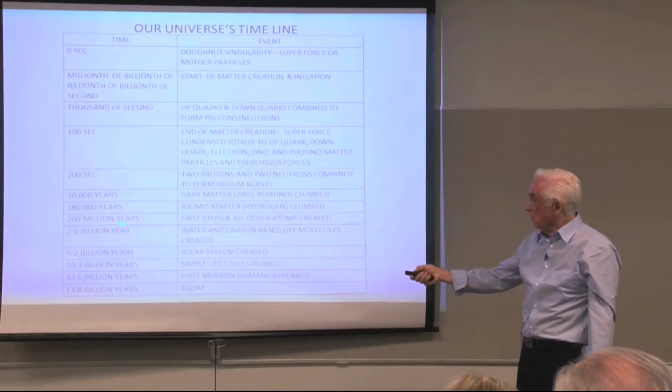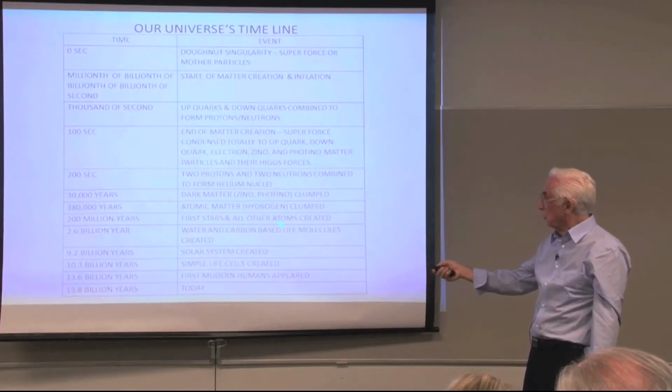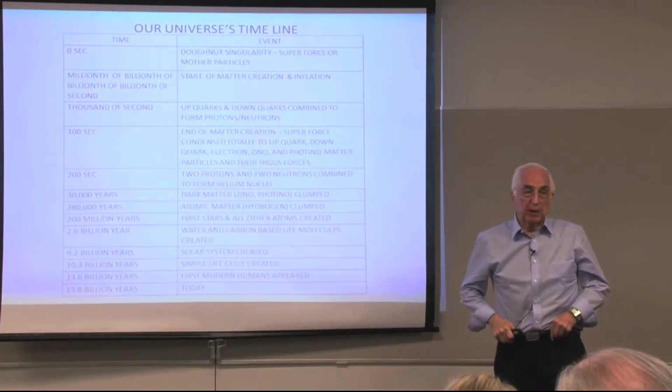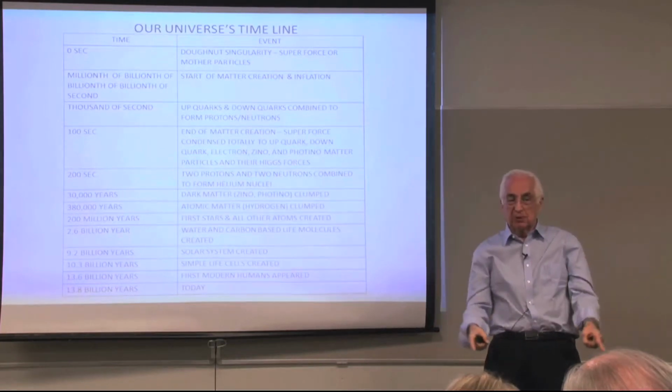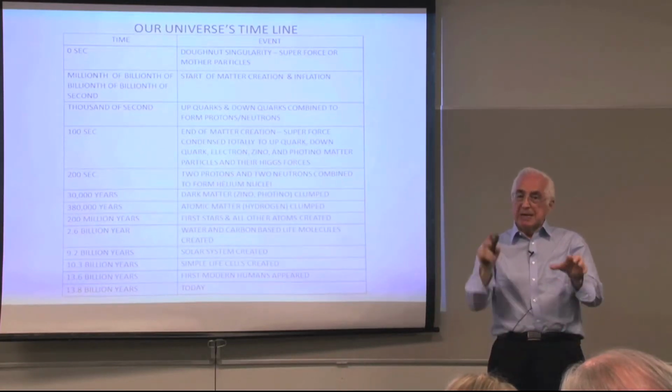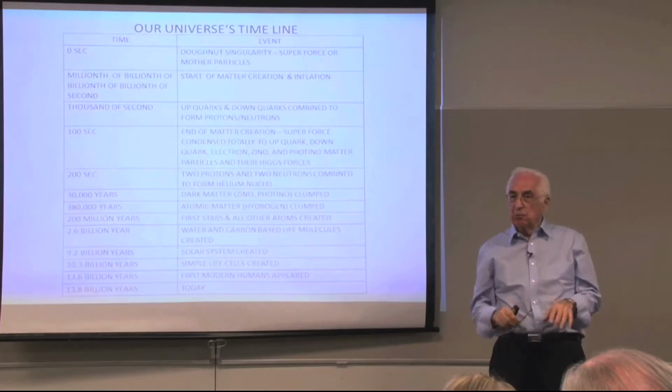At 200 million years after the Big Bang, the first stars and all the other atoms were created. We had, for example, one of these clouds of hydrogen molecules interspersed with xeno-photino matter particles. At the center of the cloud, there were 2 hydrogen molecules, and they were subjected to the weight or pressure of everything above them, all the hydrogen molecules and the dark matter, xeno-photino matter particles.